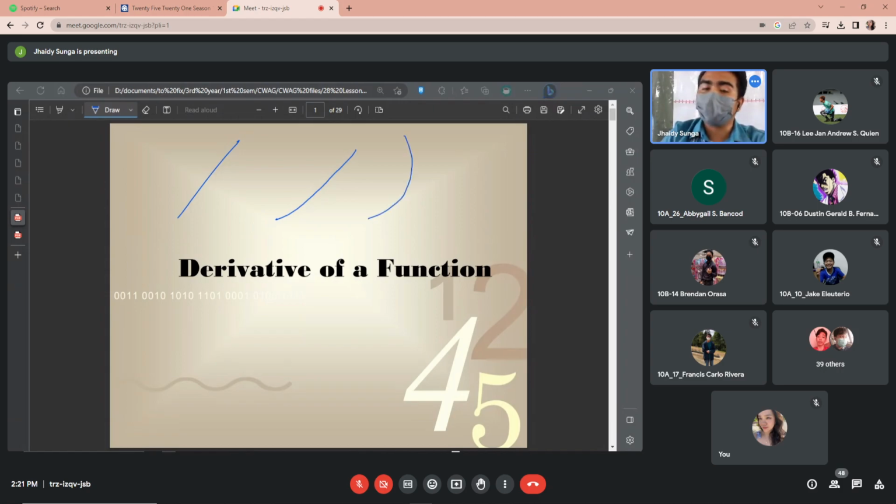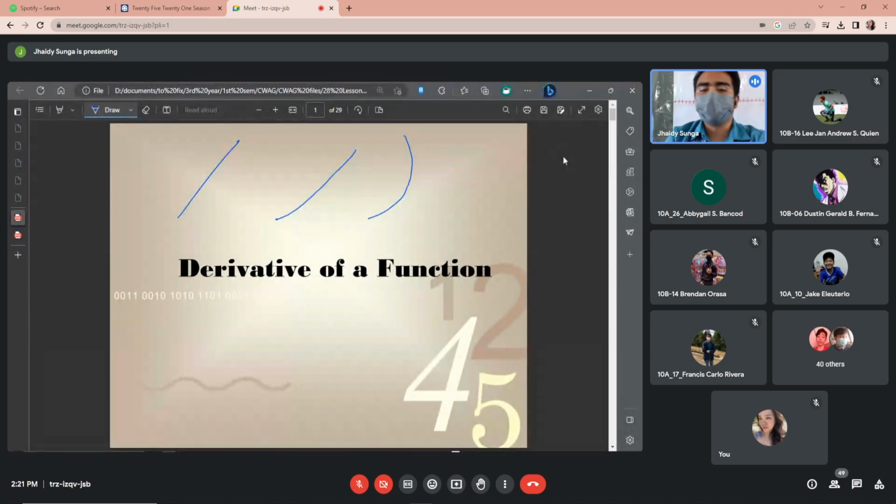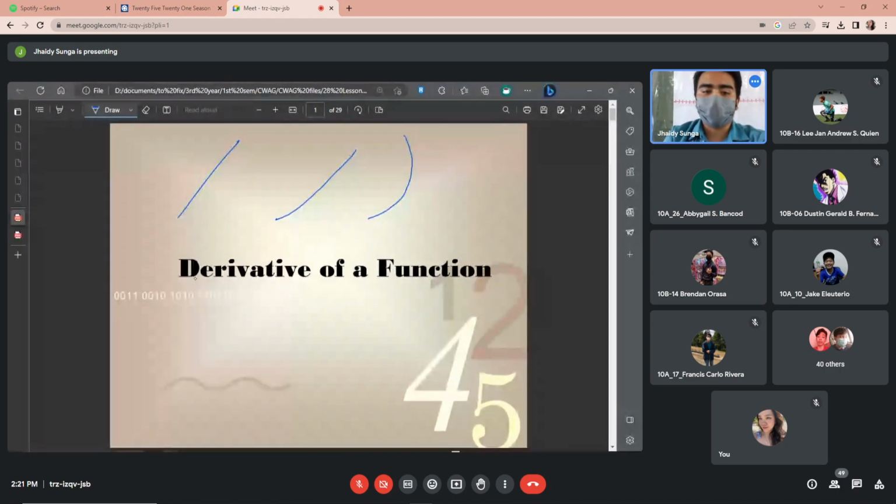Or how is the steepness of a curved line being shown? Because for example, in a mountain, what is the highest mountain in our world? Who can tell me? Yes, from Hermione, Mount Everest, correct.